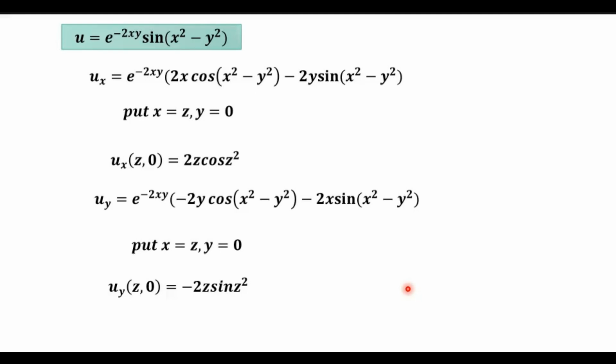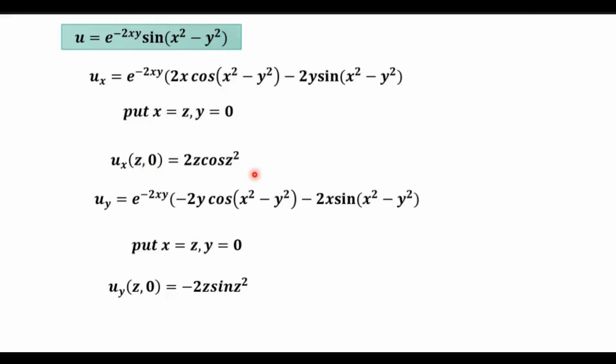ठीक है. तो ux is 2z cos z square, uy is -2z sin z square. अभी हमें क्या करना है? Once we calculate ux and uy, substituting in f dash of z. ux is already calculated in the previous step. वही मैंने यहाँ पे लिखा हुआ है. u was this function. इसको differentiate किया तो हमारा ये आंसर आया था. उसमें x को z put करना है, y को 0.